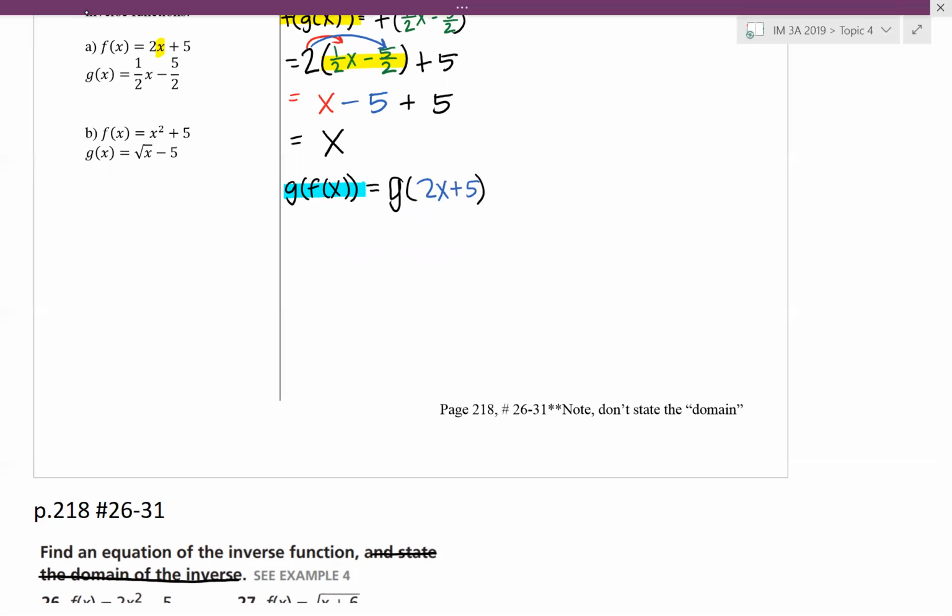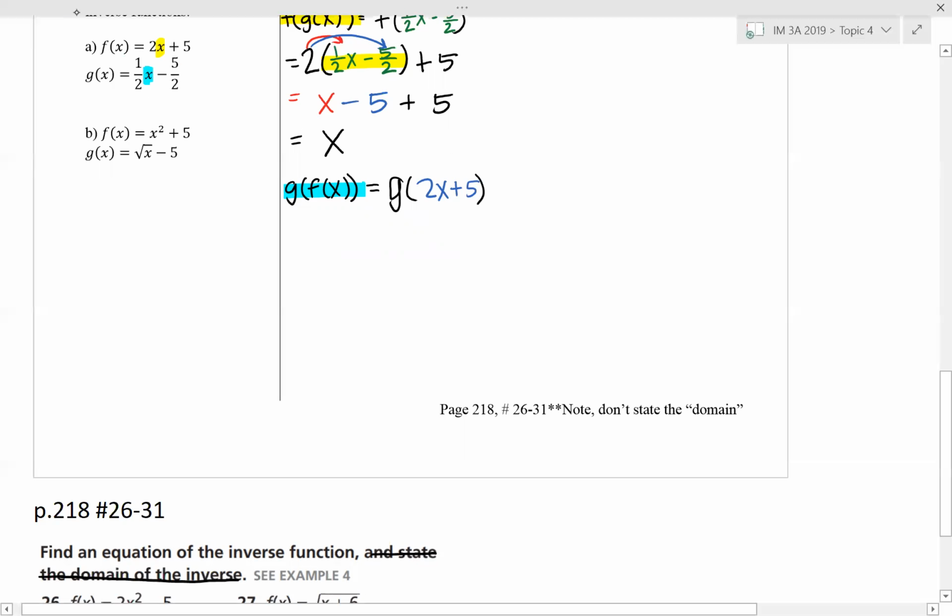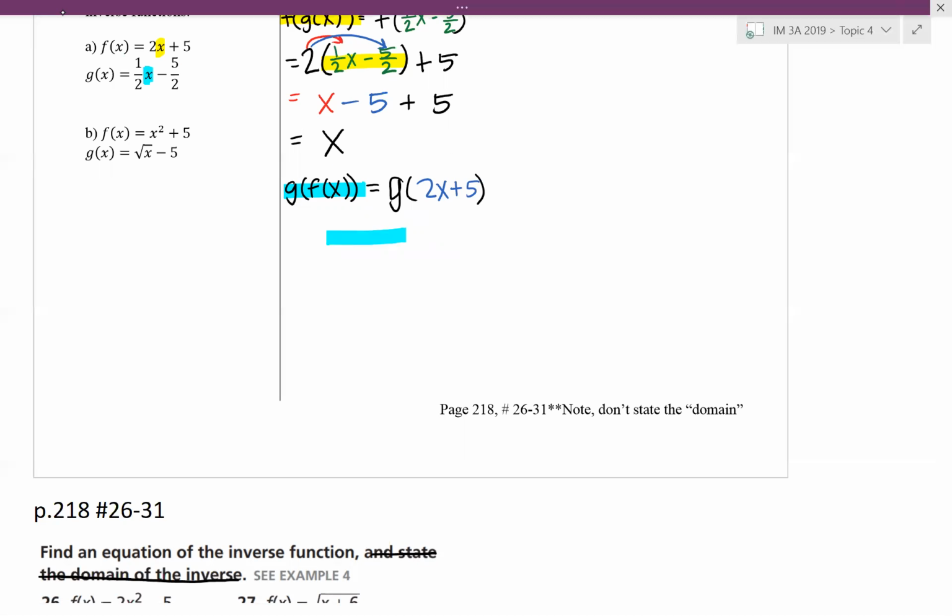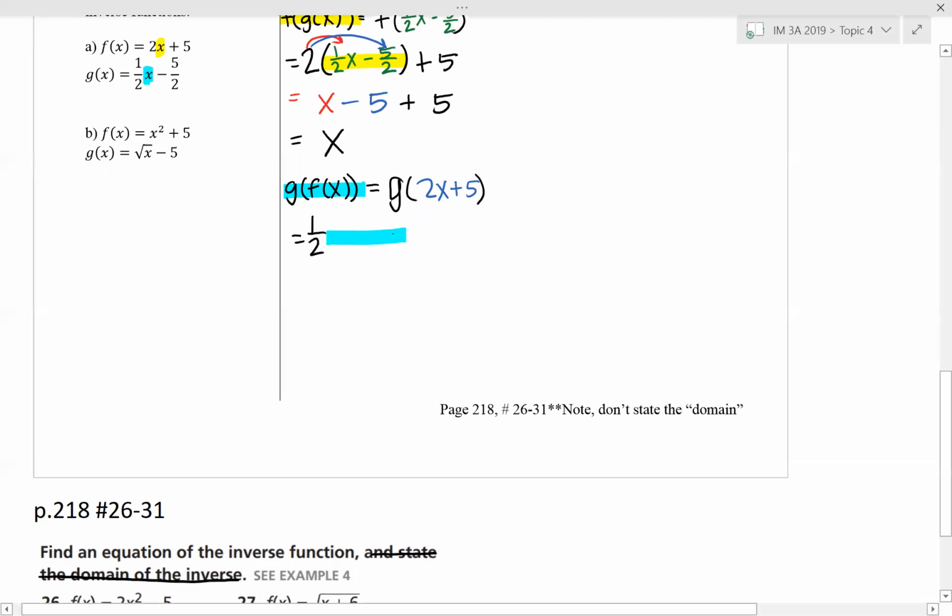That means I'm going to take 2x plus 5 and place it in for the x in the function for g. So g of x is 1/2 x, so I'm going to do 1/2, I'm going to plug in f there, minus 5 halves. So I'm replacing x with the function for f, which is 2x plus 5.